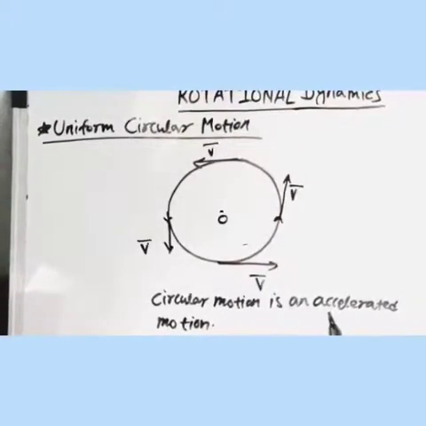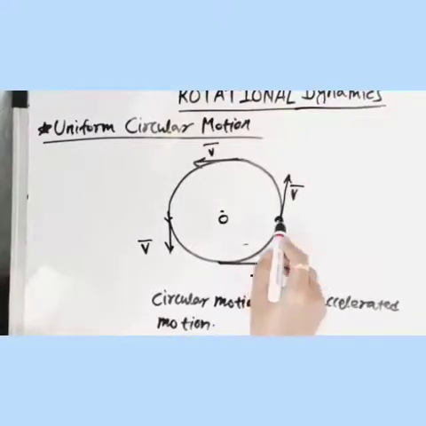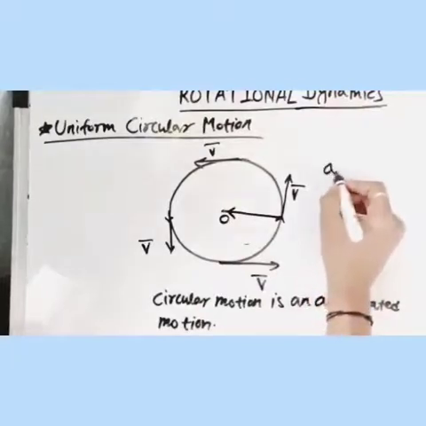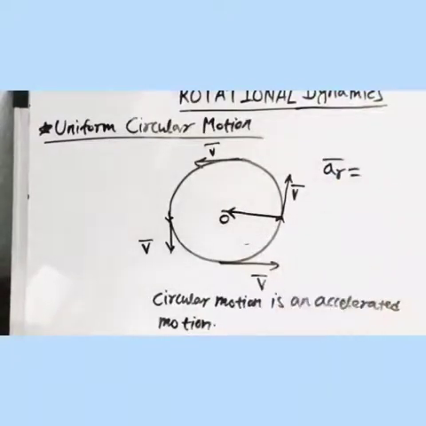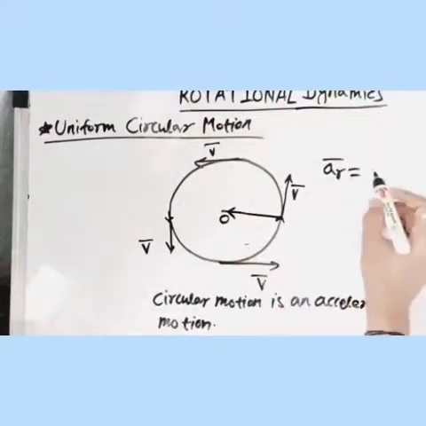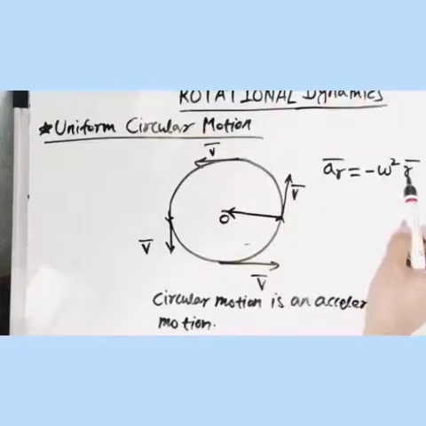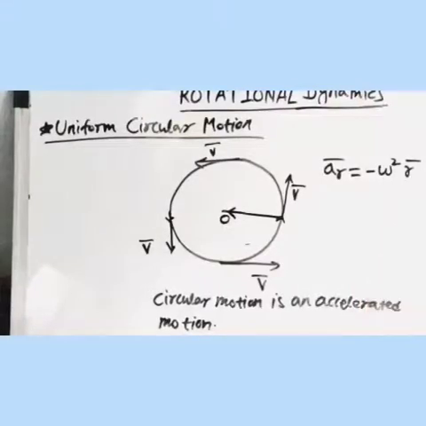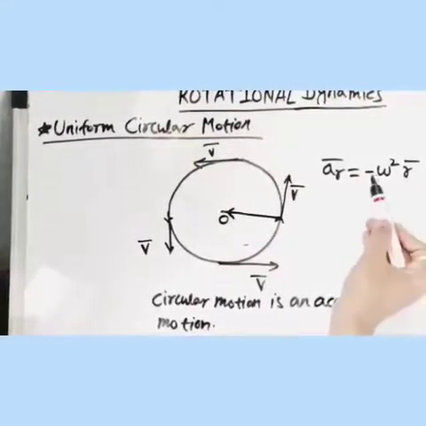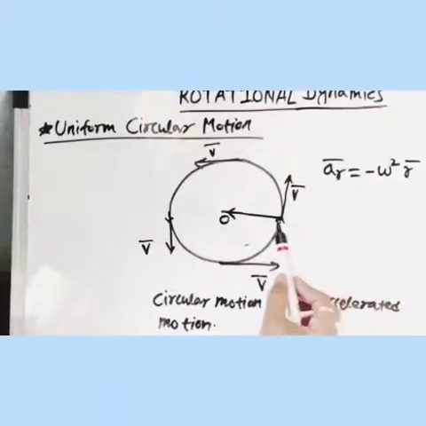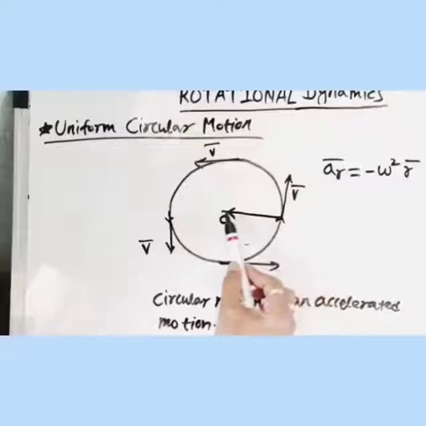This acceleration is called radial acceleration because it is directed along the radius and towards the center of the circle. Radial acceleration in uniform circular motion is a bar is equal to minus omega square r bar, where omega is the angular velocity and r is the position vector. In this equation, the negative sign indicates that the direction of the acceleration is towards the center of the circle.